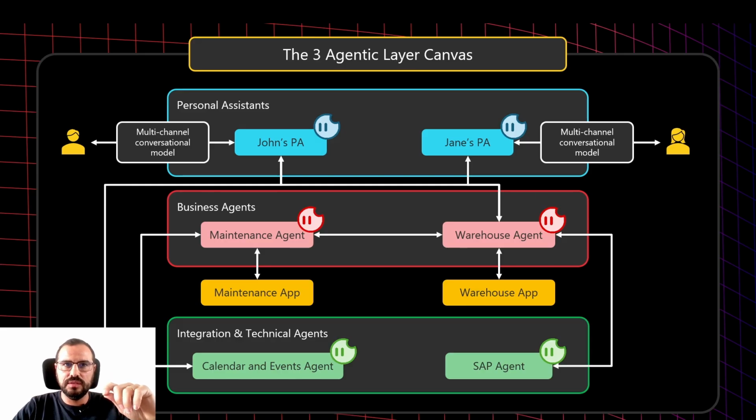So what are the characteristics of these two? First, the personal assistants. We are talking here not about business specialized agents, but user specialized agents. So we are talking here about really personal assistants, so agents that, first of all, have good conversational skills, they work in a multi-channel way and in real time.